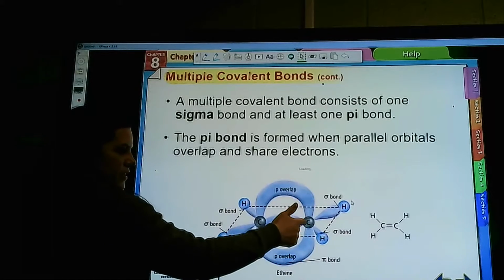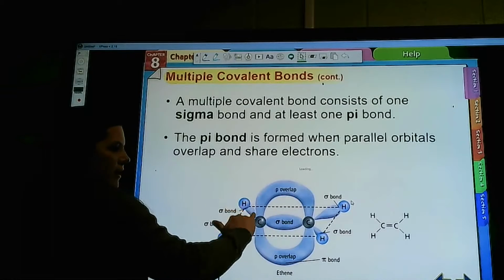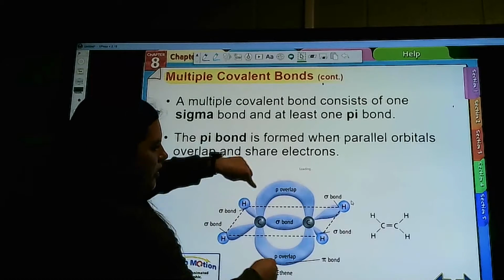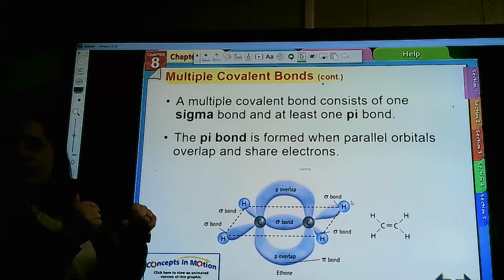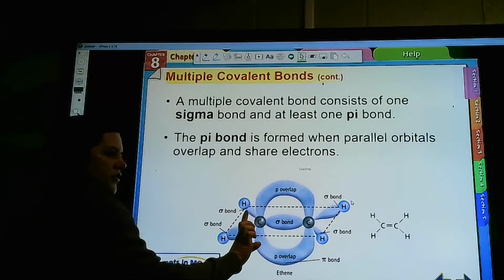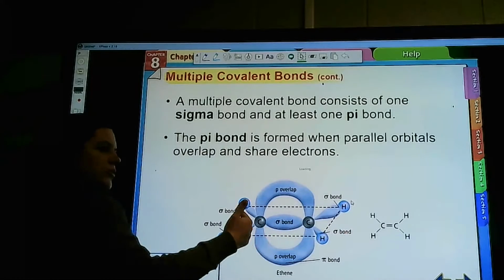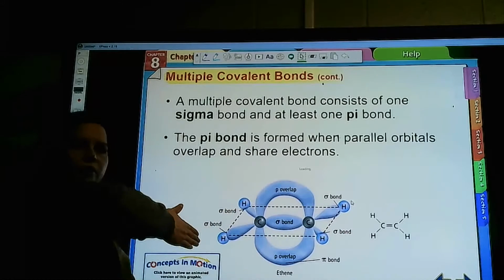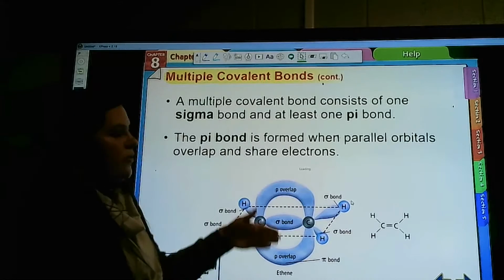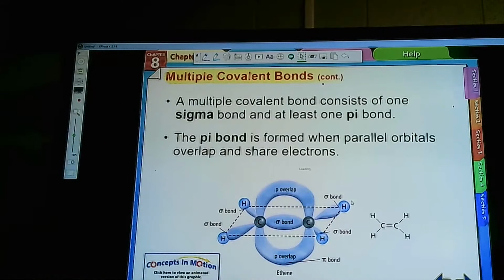The pi bond, or the double bond, is this overlap, but also this overlap. So one bond here, and both of these make the second bond, the double bond. If there was a triple bond, it would come out of the paper towards you and then into the screen. Even though it looks like 3 lines, this is actually only a double bond.